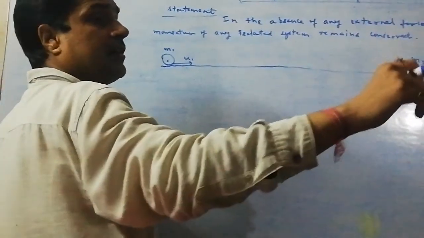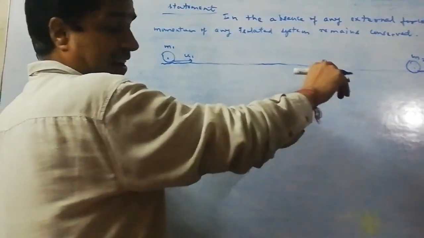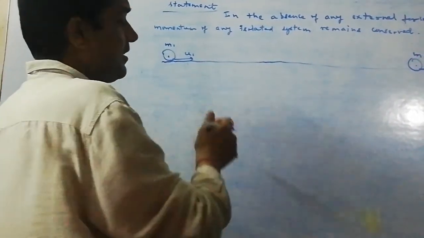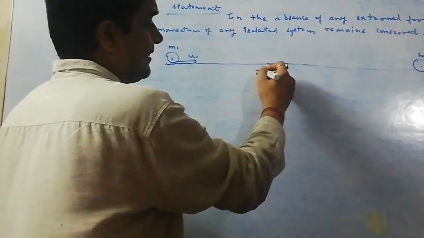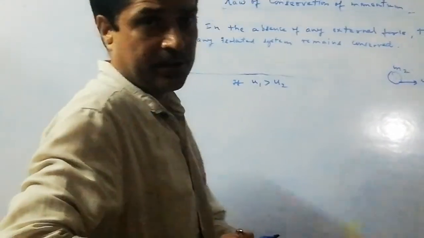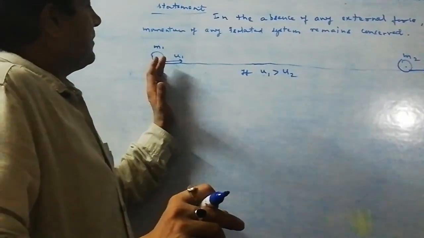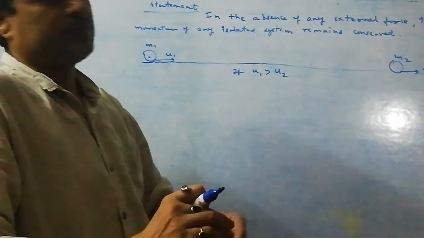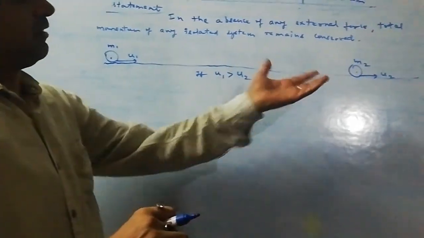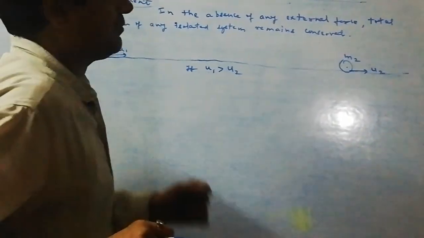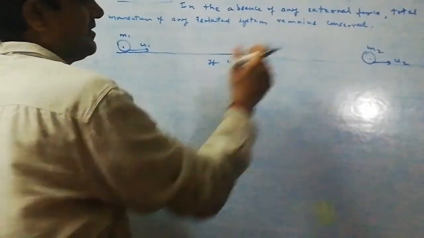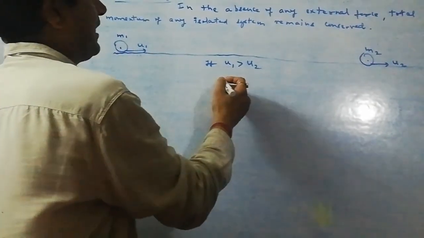If u1 is greater than u2, if the black one has more velocity in comparison to the further one, then what will happen? This will collide. So collision will take place.